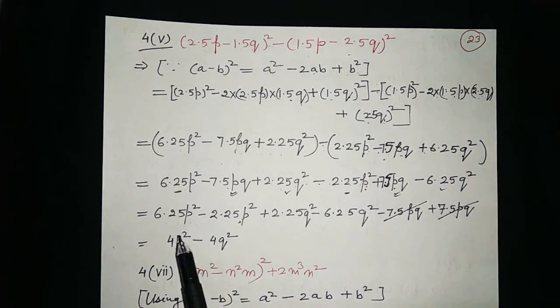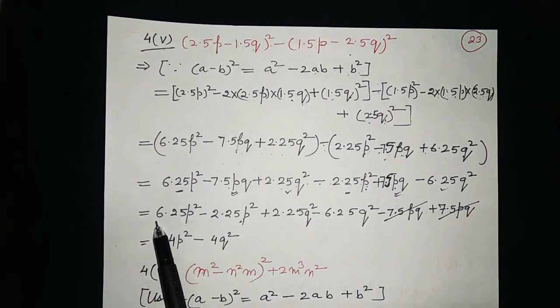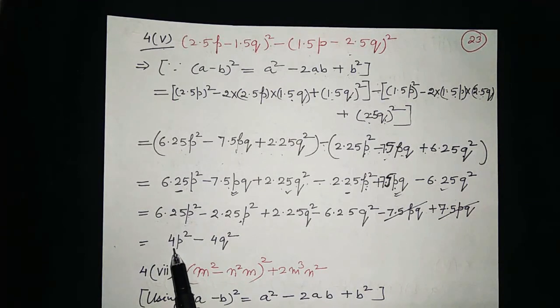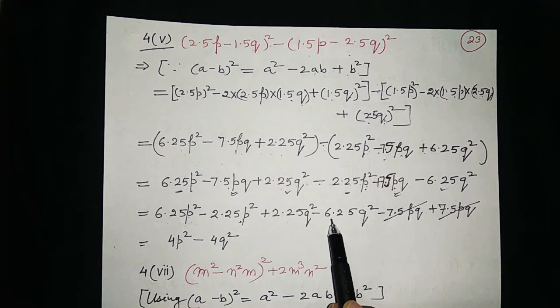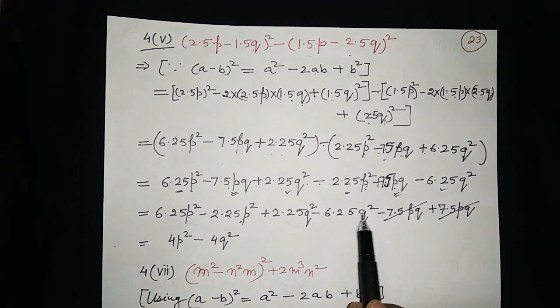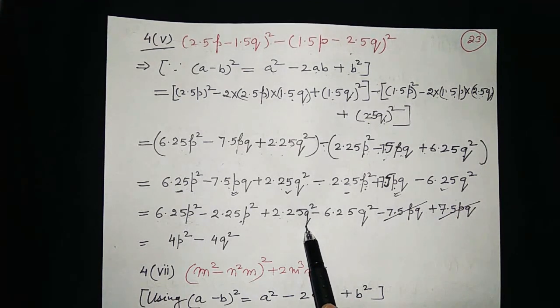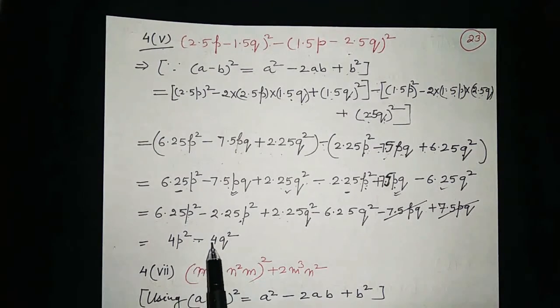And when you subtract 2.25p square from 6.25p square, what will you get? Here you will get 4p square. Okay. And when you subtract 6.25q square from 2.25q square, then what will you get? You will get here minus 4q square.